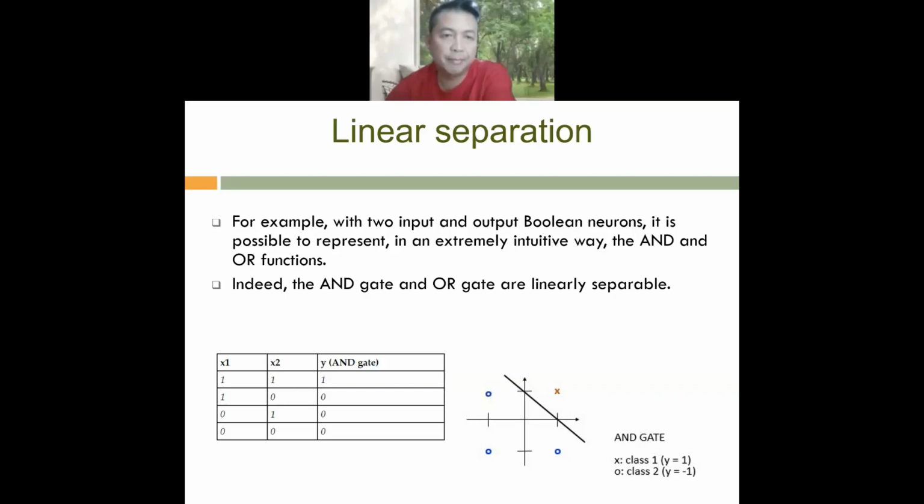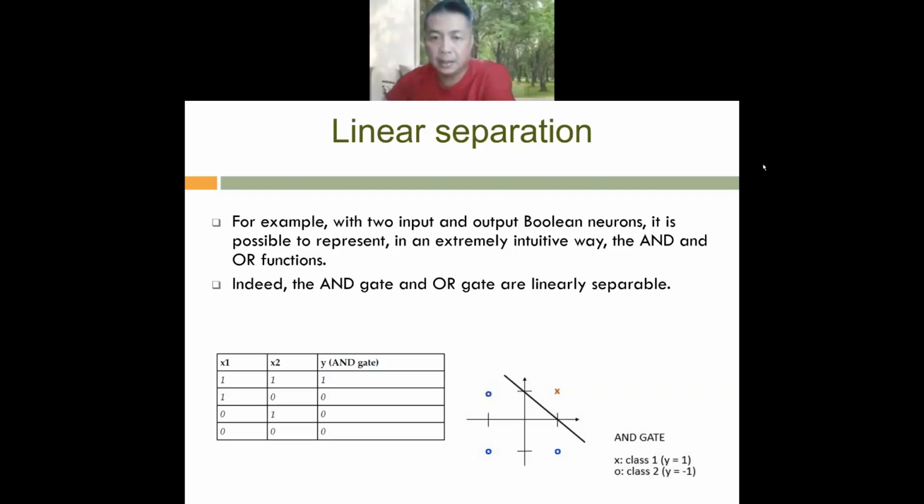If we look at the AND gate and the OR gate, they are linearly separable. If we plot them here, we can separate the X from the blue O with a straight line.